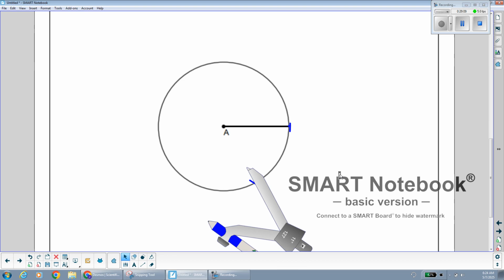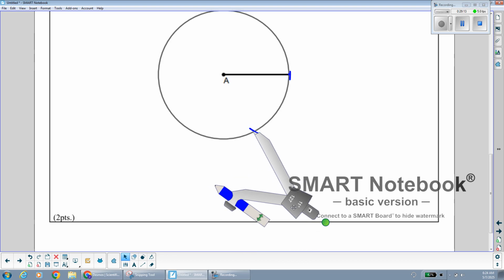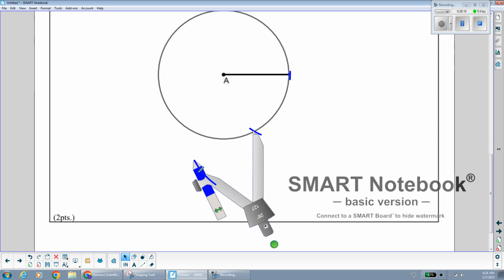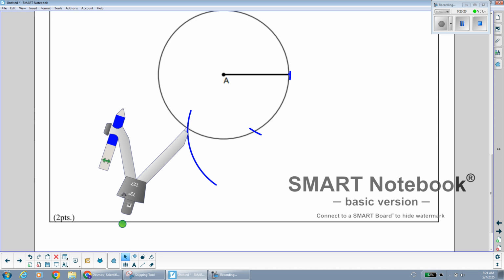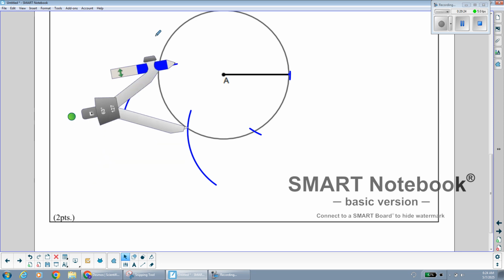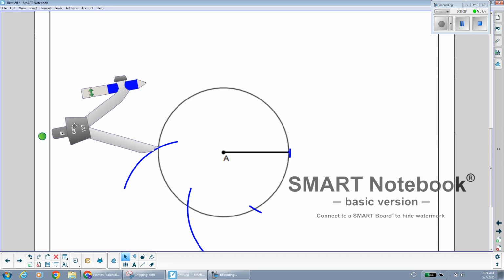And then I'm just going to move my compass over to where that arc intersected the circle, and I'm just going to make an arc there, an arc there, and now you'll probably get the pattern that I'm just moving around the circle.